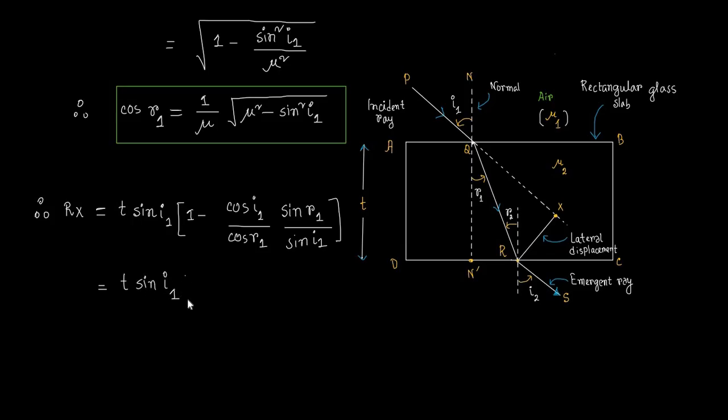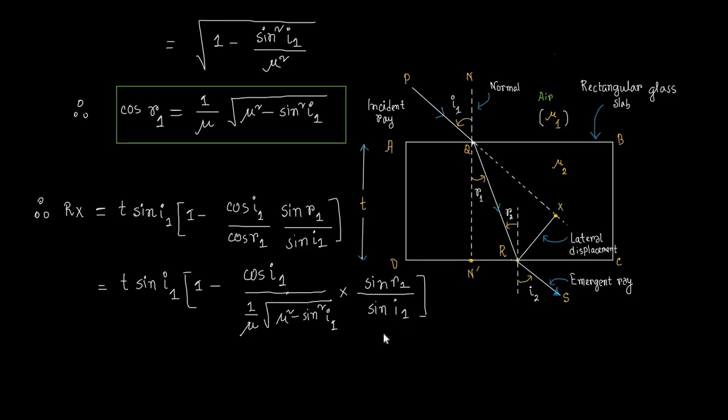T sin I1 into 1 minus cos I1 divided by, putting the expression of cos R1, 1 by mu into root over mu square minus sin square I1, into sin R1 and putting the expression of sin I1.